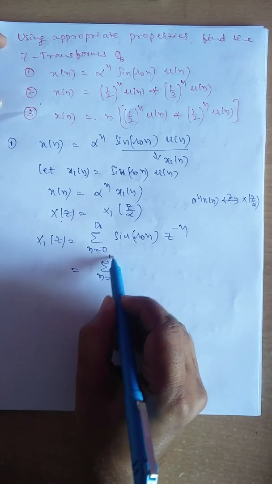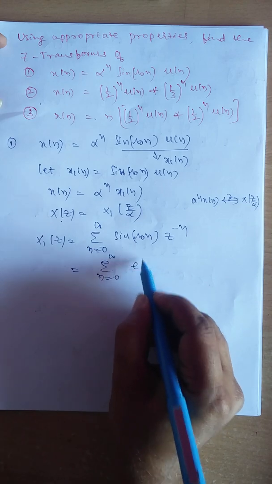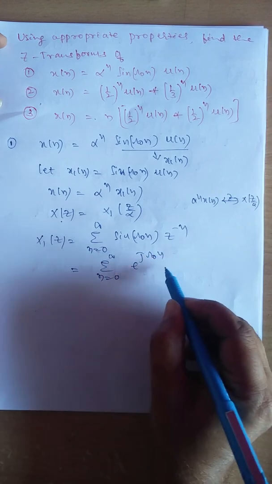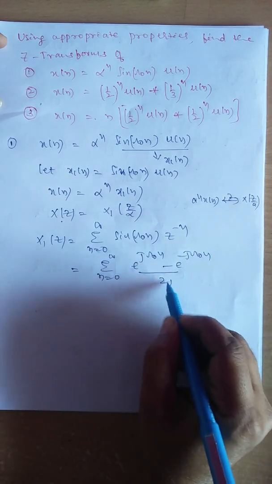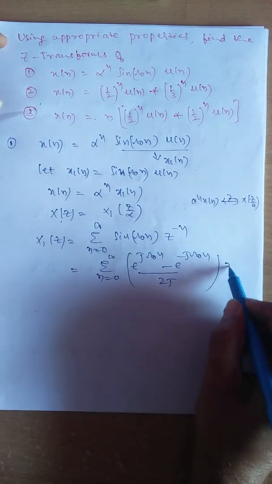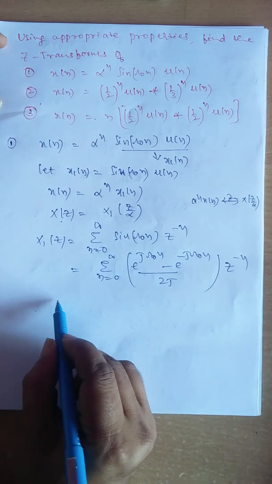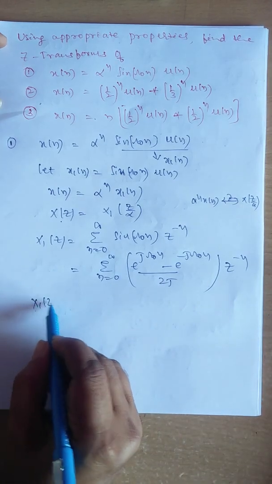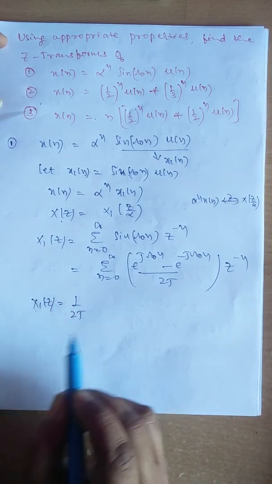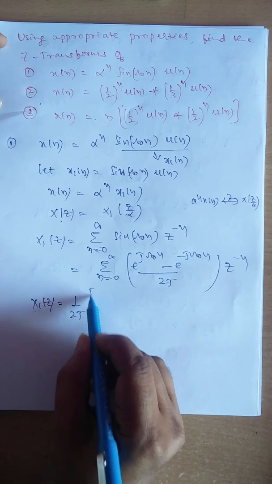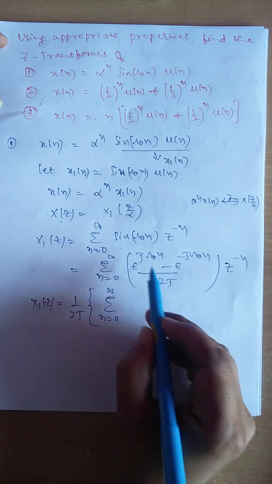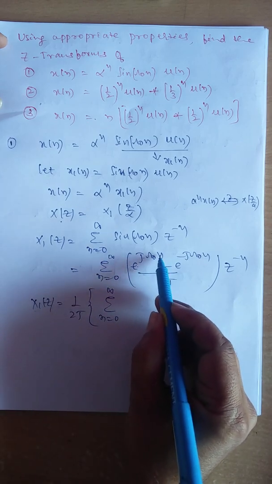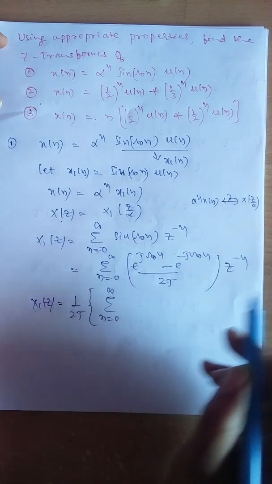That is summation of n from 0 to infinity of e to the power of j omega naught n minus e to the power of minus j omega naught n, divided by 2j, into z to the power of minus n. So x1 of z is equal to 1 by 2j, taking it outside the summation, summation of n from 0 to infinity e to the power of j omega naught n into z to the power of minus n.